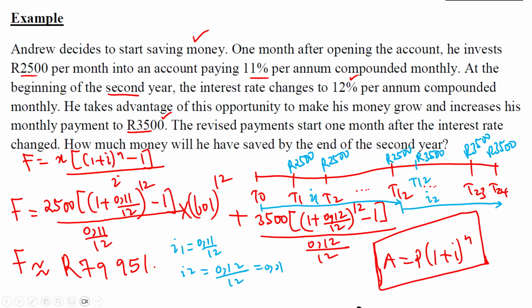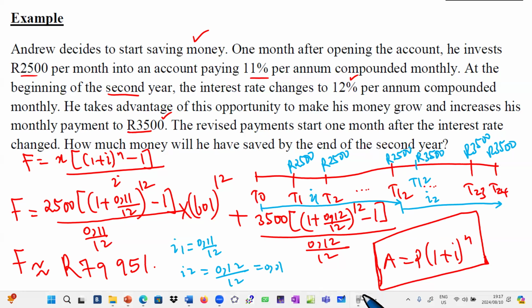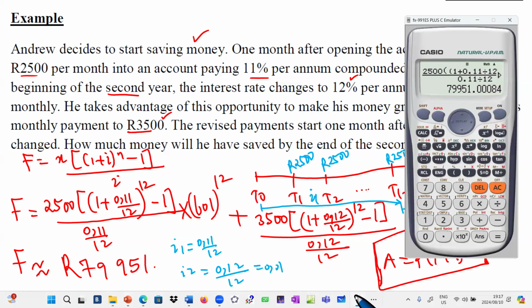And this one 0.11 divided by 12, which is exactly that, not the nicest one. So you can leave it exactly that.